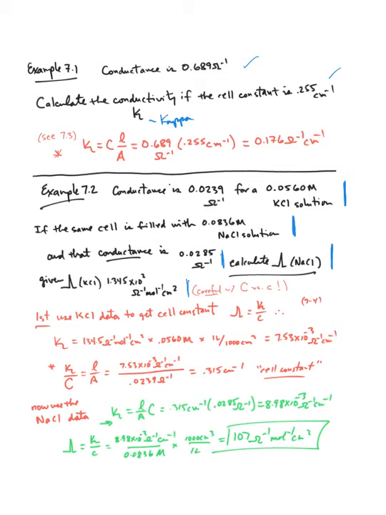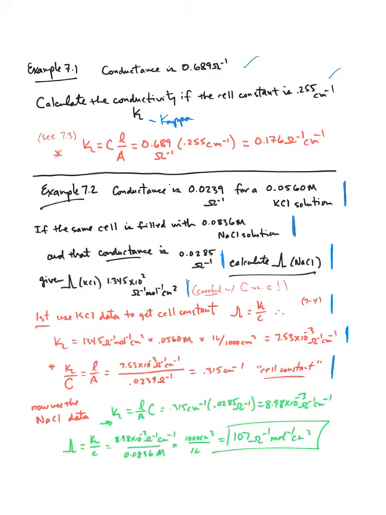Well, first you need to use the potassium chloride data to get the cell constant. You rearrange equation 7.4, solve for kappa, you get 7.53 times 10 to the minus third, plug that into the equation from above, calculation 7.3, and you can get the cell constant is 0.315 inverse centimeters.